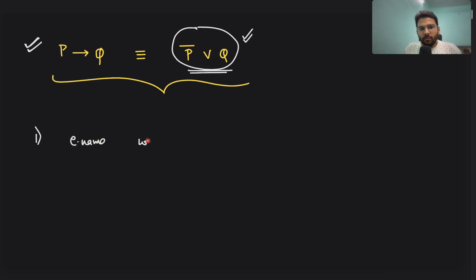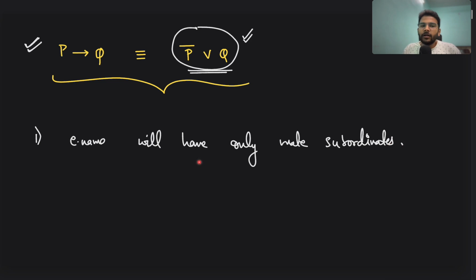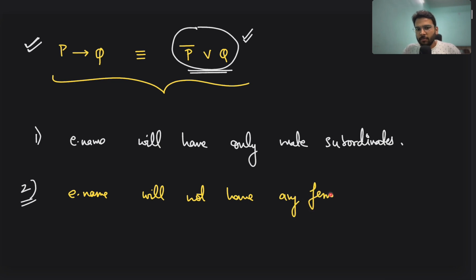E dot name will have only male subordinates, right? If this is the scenario, I can also say that E dot name will not have any female subordinates. The opposite of that is true, right? Will not have any female subordinates.